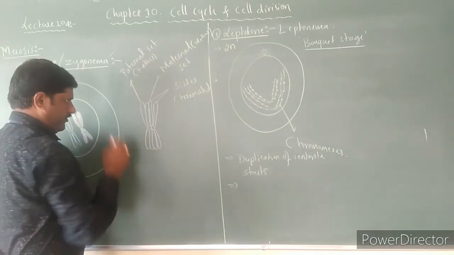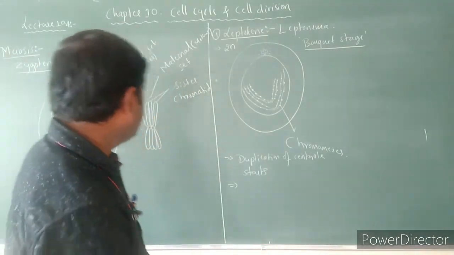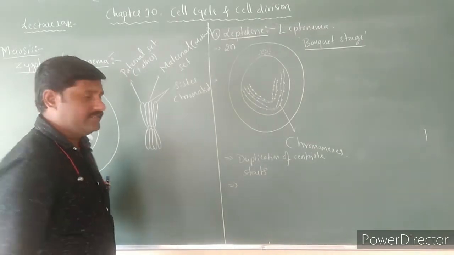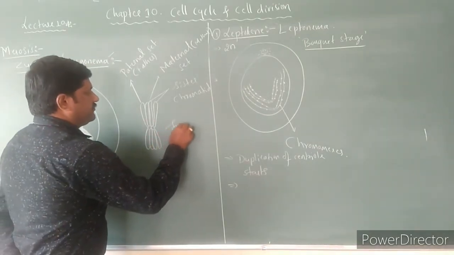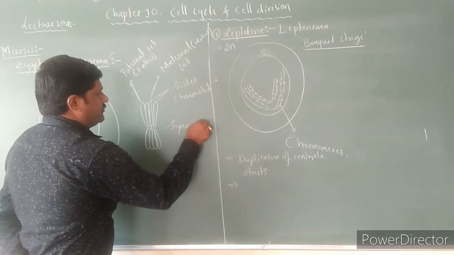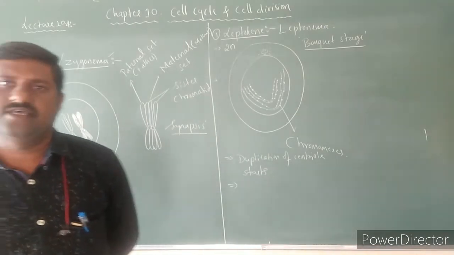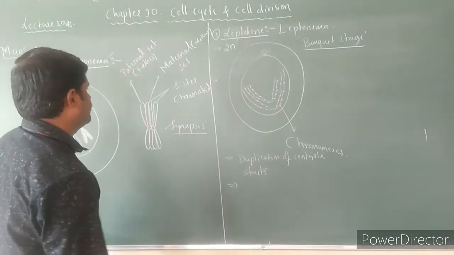Both overlap on each other. The process of this overlapping of the chromosomes on each other is called synapsis. Synapsis occurs here in these chromosomes.